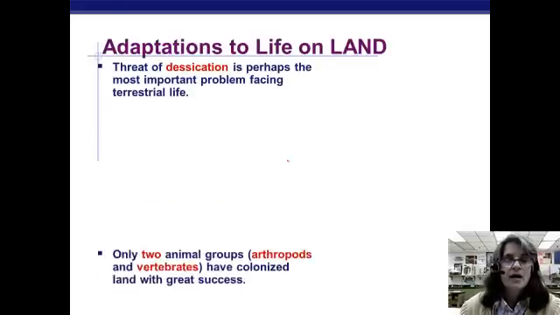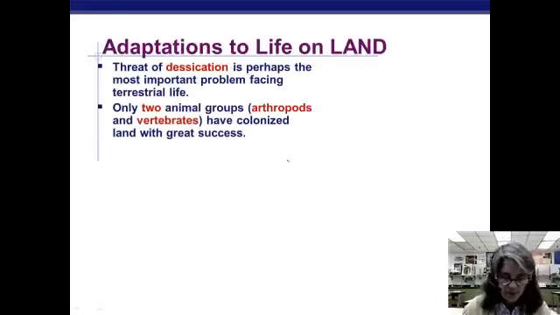Okay? So think about vertebrates making that move. Certainly any life form, but we tend to think in terms of vertebrates, making that move to land from living life in the water. The threat of drying out is certainly the greatest problem that faces terrestrial life forms in making that transition from water to land, from fish to amphibians to reptiles, birds, and mammals.